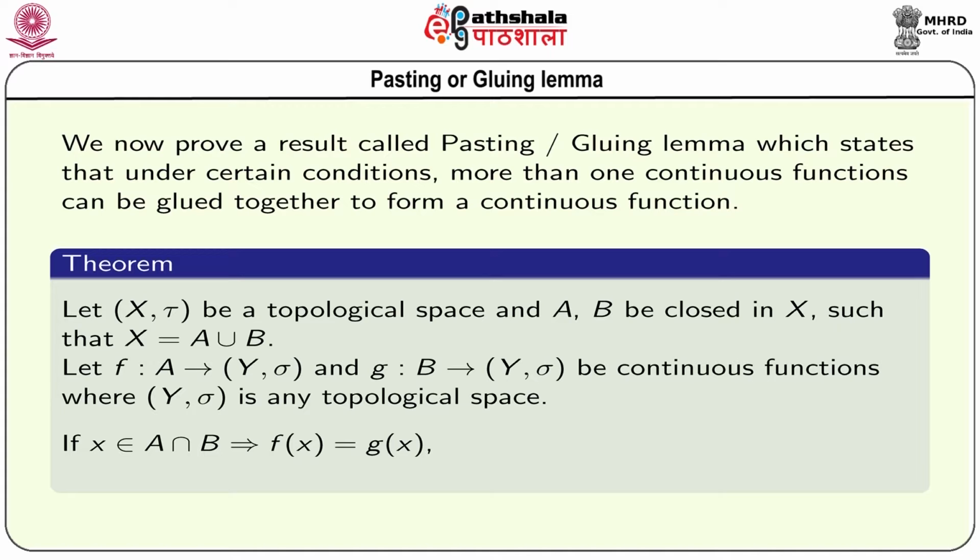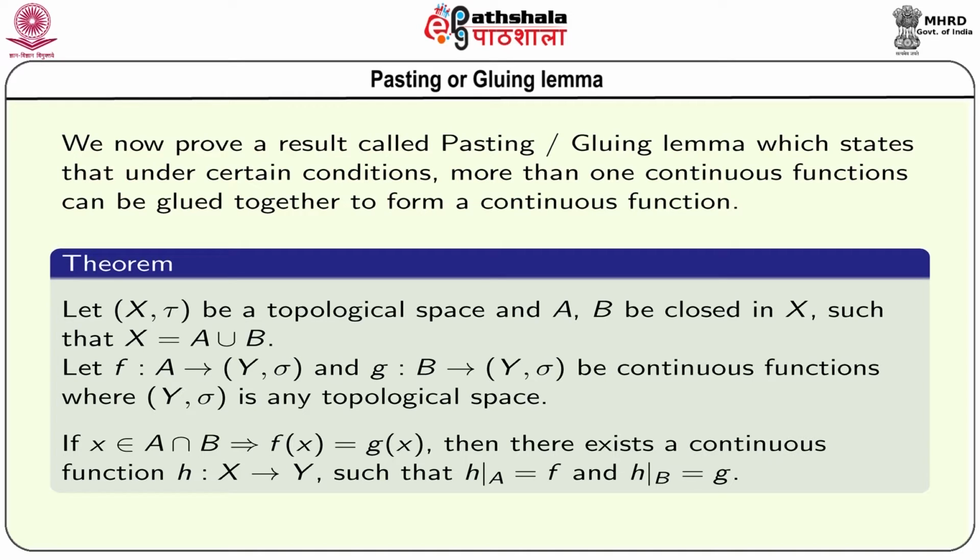Then, whenever we take a point x from A intersection B, it is also known that f x is equal to g x. In these circumstances, if all these conditions are satisfied, then there exists a continuous function h from X to Y such that h restricted to A is f and h restricted to B is g.